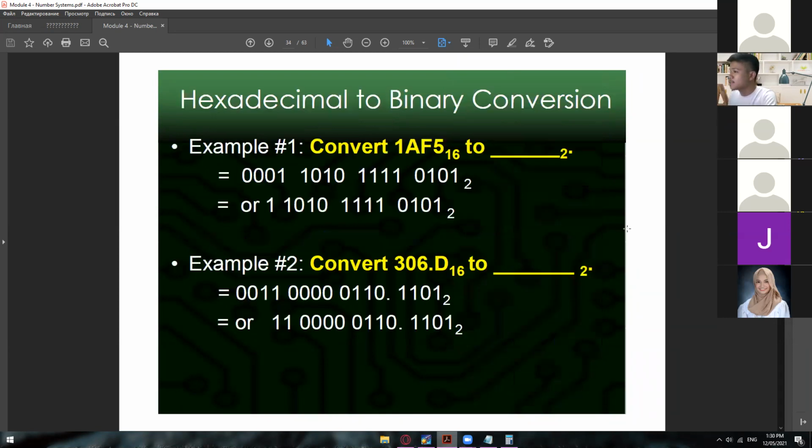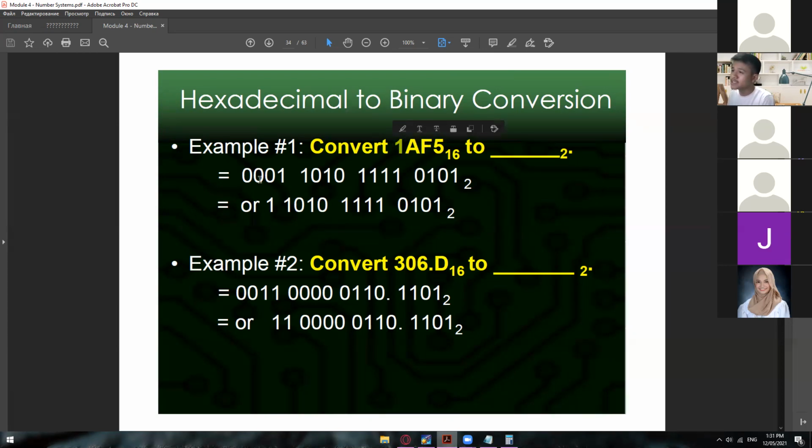Okay. So let's have an example on how to convert hexadecimal to binary. This one is actually super easy. Just separate those characters, maybe one space apart. And then you can solve each character to be converted into binary.